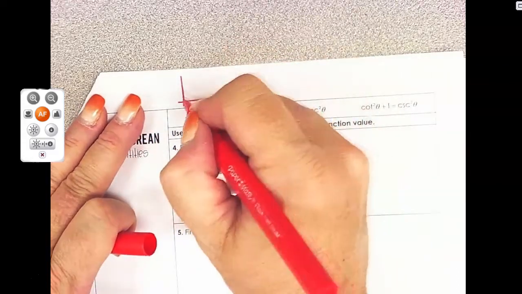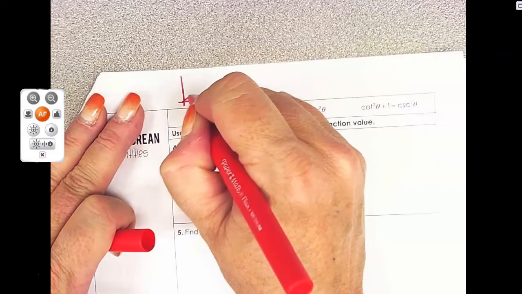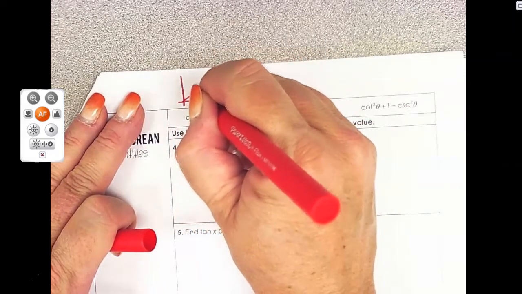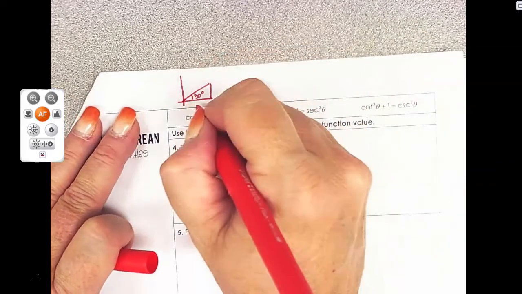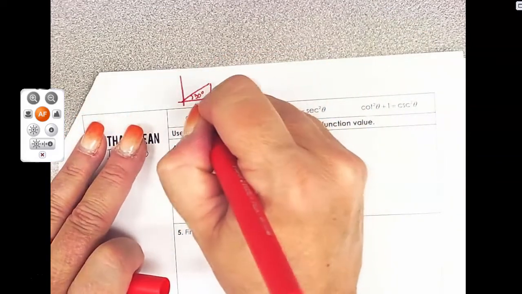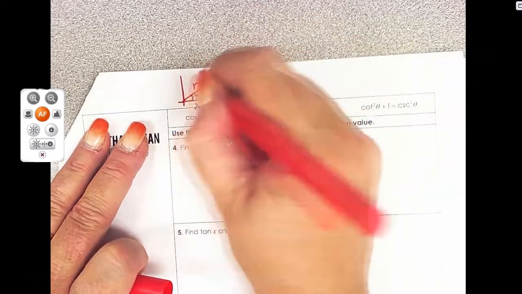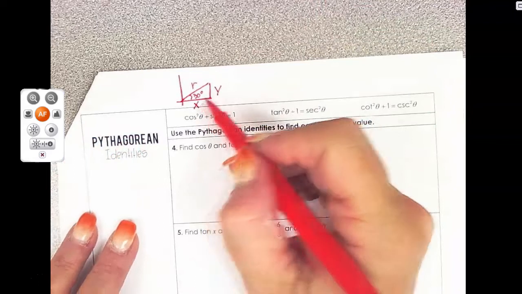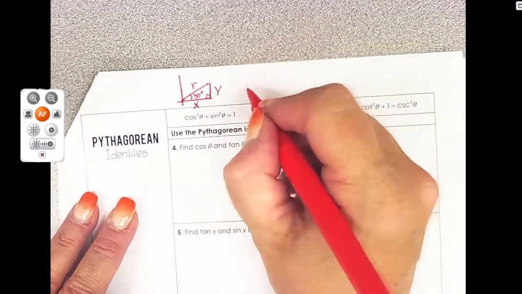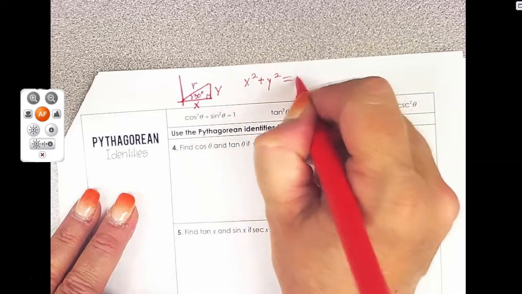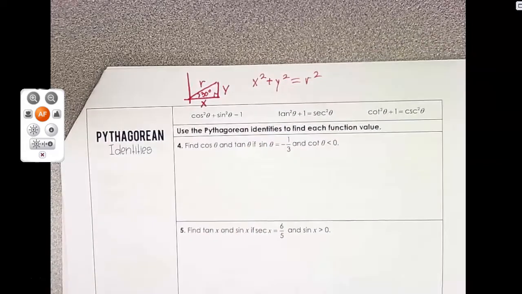My first initial triangle is that 30, 60, 90 that has the 30 degrees in it. And we know our side length, we know our x, and we know our y, and we know our r. So in a right triangle, we have x squared plus y squared equals r squared. That's in a general right triangle.